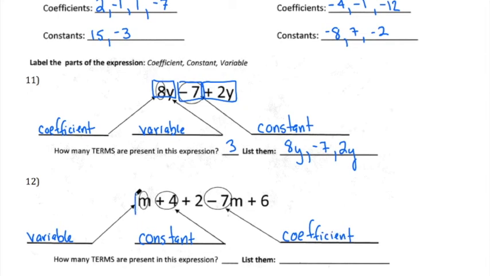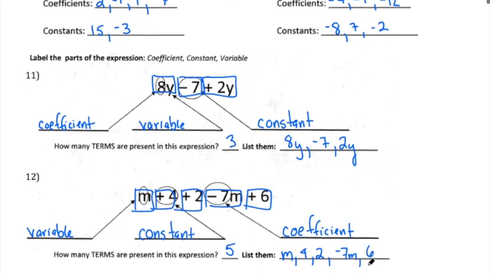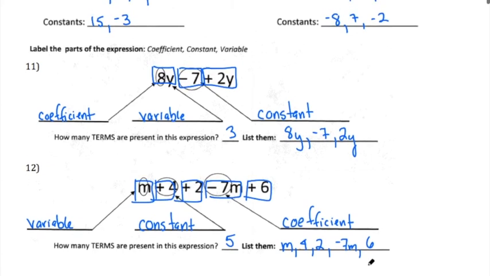We've got 1, 2, 3, 4, and 5. 5 terms. So they are m, 4, 2, negative 7m, and 6. Okay, so another way to pull apart all the details of our expressions.